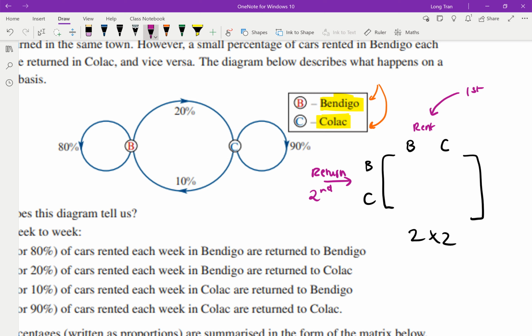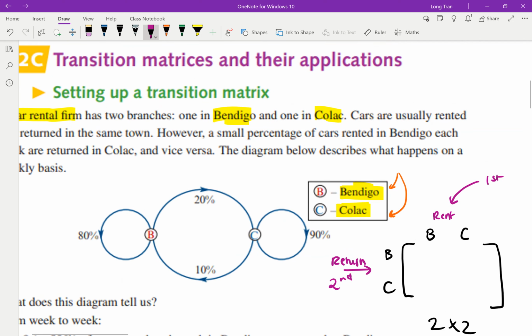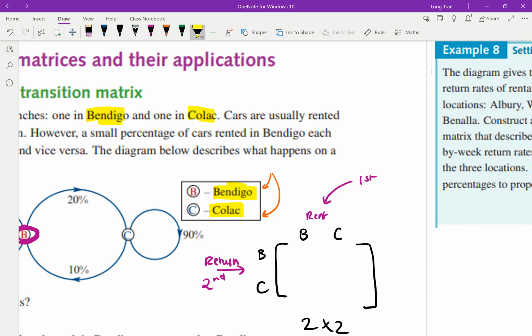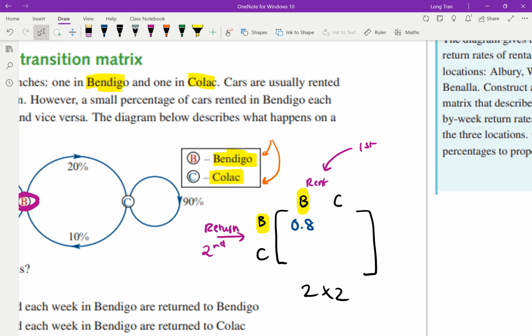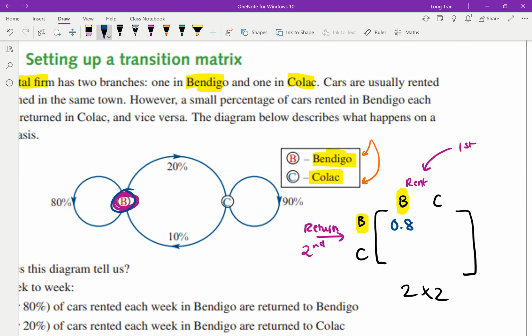So if I look at the diagram and write it in a matrix, if I rented from Bendigo first, the chance of me returning it back to Bendigo is 80%, or 0.8. Looking at Bendigo again, if I rented in Bendigo, the chance of me returning it to Colac is 20%.